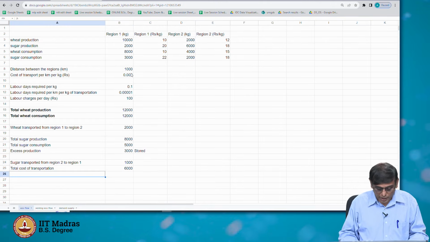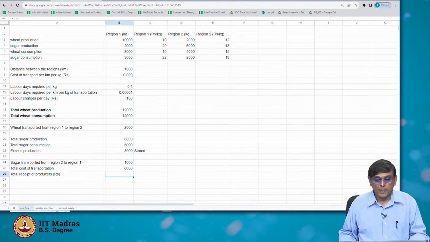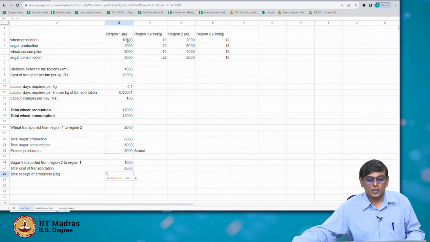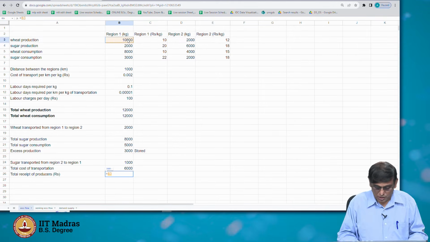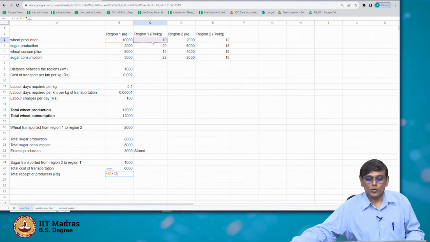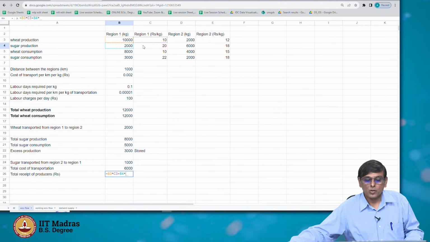We can also calculate what is the total receipt of producers. How much did producers receive in rupees? How do we calculate that? We say, okay, this is equal to this into this plus... right.